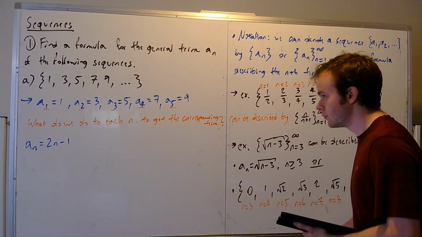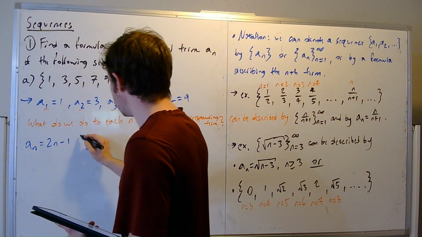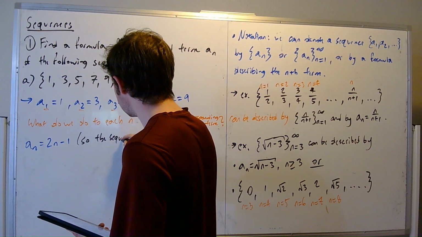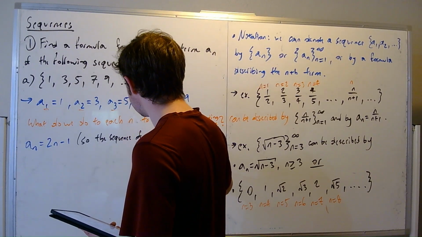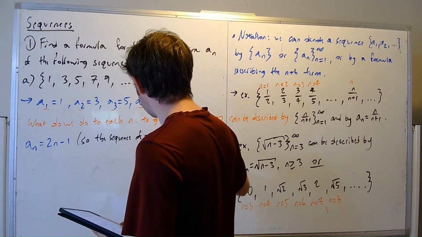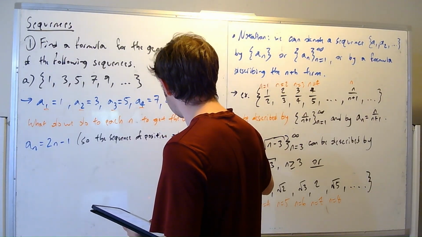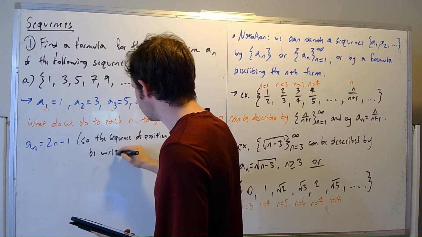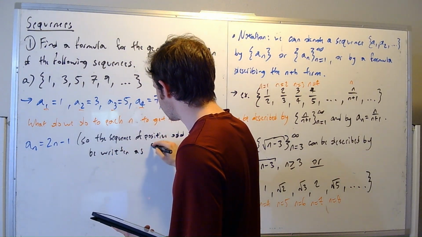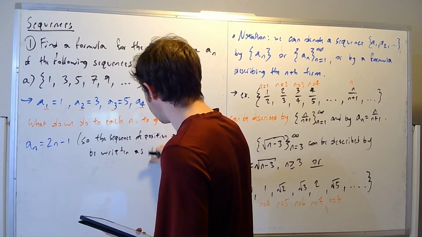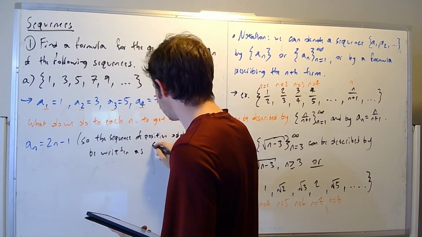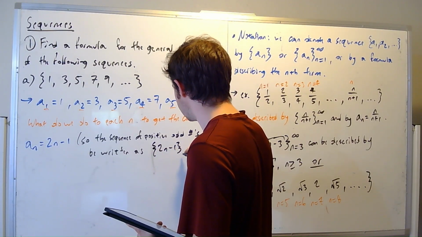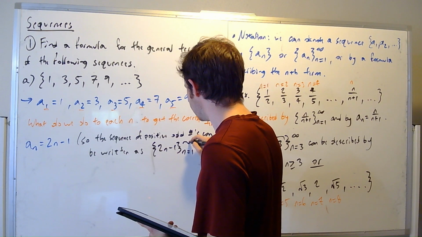So I'll say here, the sequence of positive odd numbers can be written as, remember our other way of writing this was 2n minus 1 from n equals 1 to infinity.